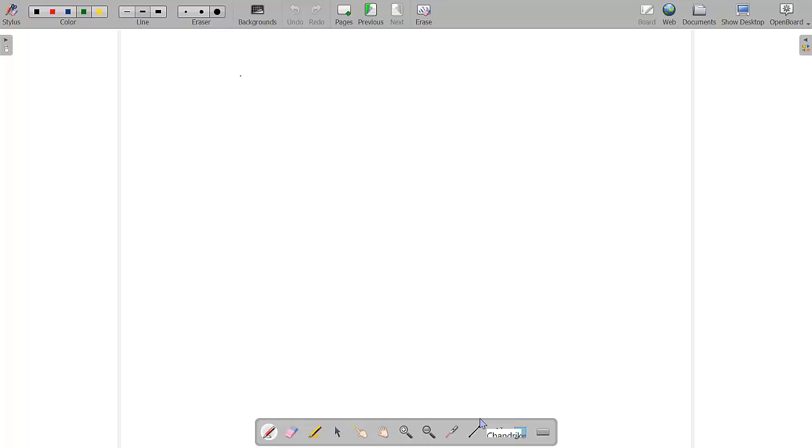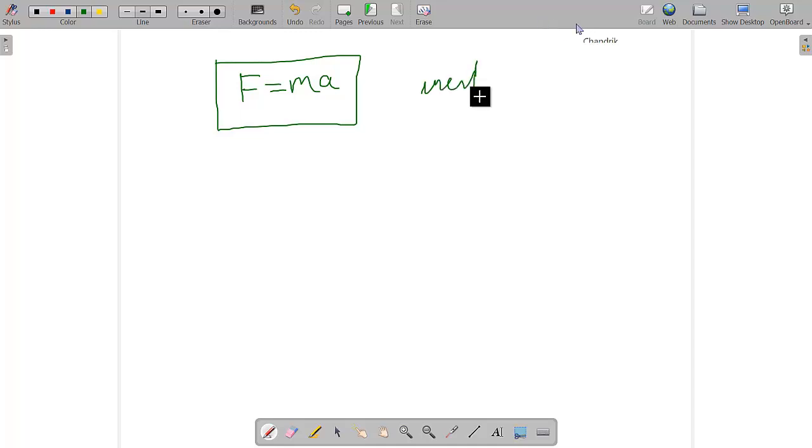Exactly. So Newton's laws can only be applied in inertial frames. So Newton's laws basically means we are dealing directly with this force equation mostly. So this is applicable only in inertial frame of reference. Understood? So in inertial frame only this equation can be applied.